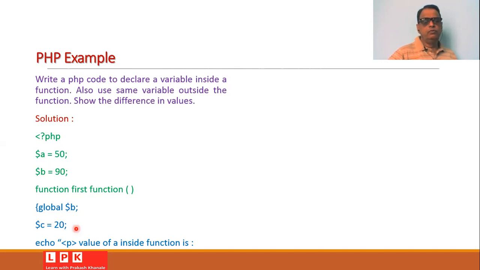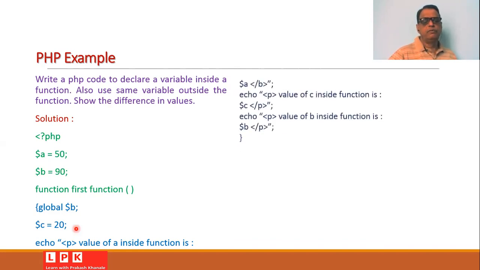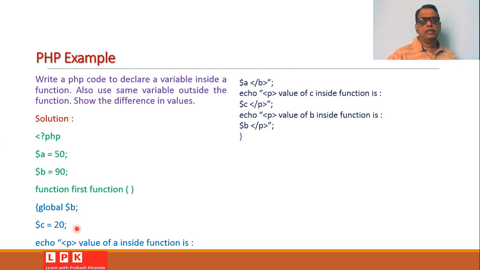And now what we will do is display the message, the value of a inside the function is, and then we will put down the value. Then we will display the value of c inside the function, and then the message value of b inside the function, and we will display the corresponding value of b.